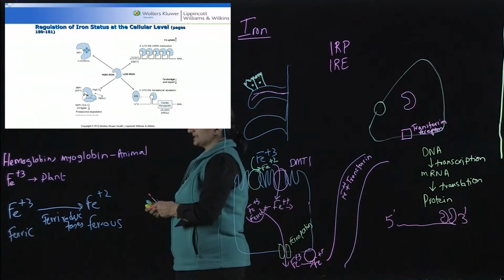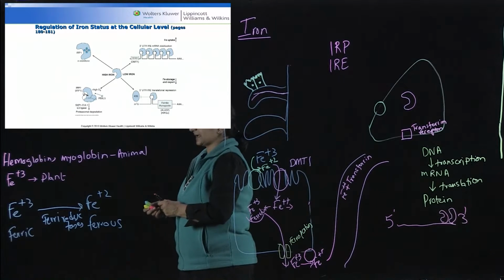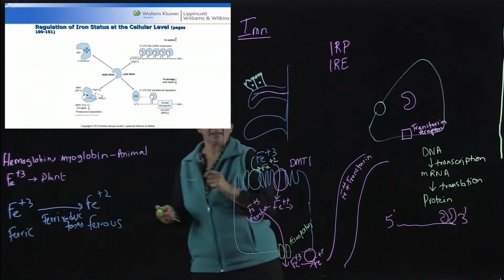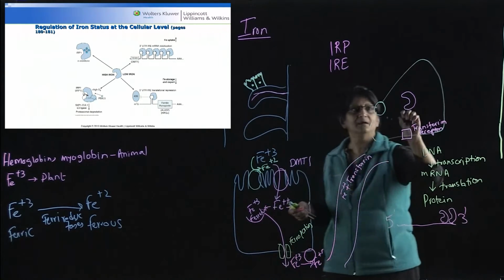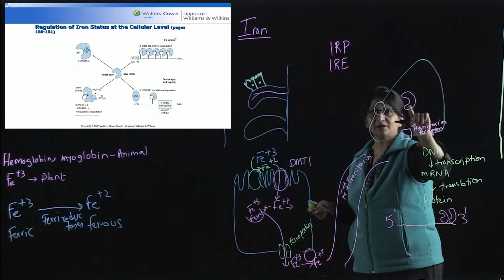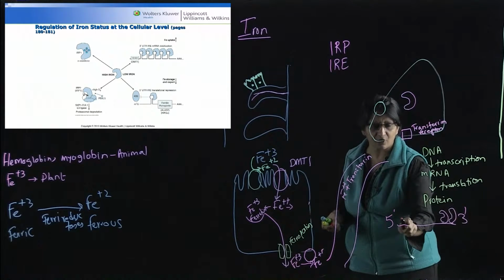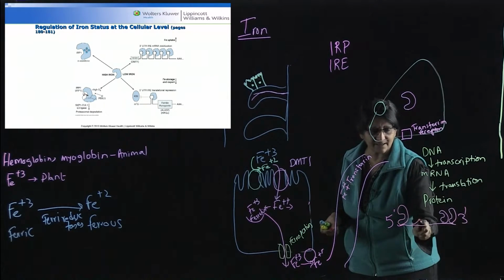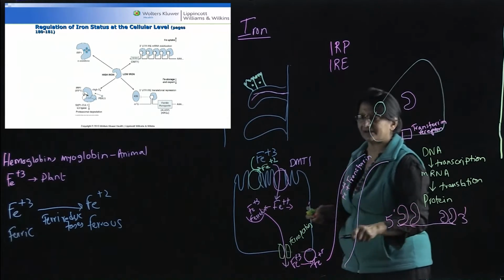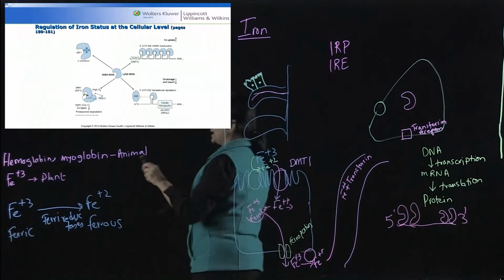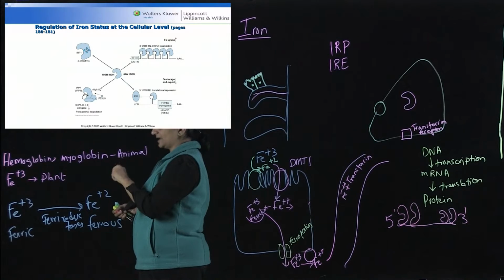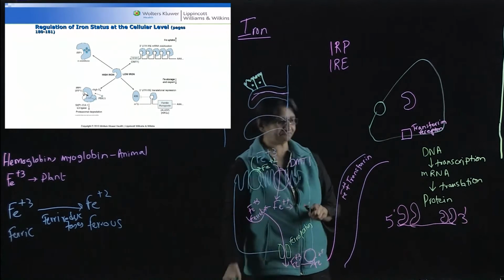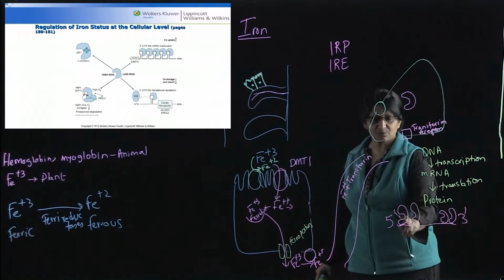Another way in which this can be regulated is that the same concept holds true, but these iron regulatory proteins can also bind to the 5' end when there is too much iron in the cell, on the mRNA of ferritin and ferroportin. So what would happen then?